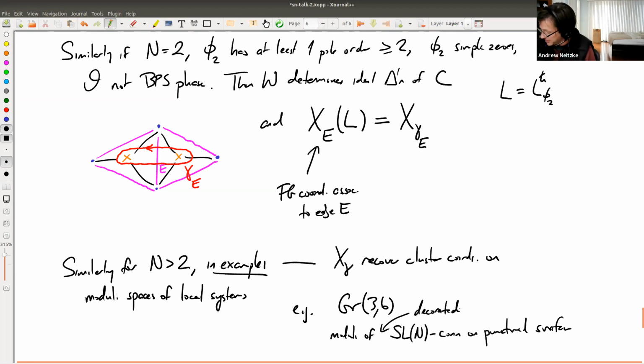Those you can also get from this kind of spectral network business. And so the point is that those coordinates arise kind of automatically. If you just do the WKB analysis and you carefully follow your nose, you're led automatically to these cluster coordinates. Okay, I think maybe that's a good place to stop. And then next time I'll try to talk about the DT invariance and the hyperkähler geometry.